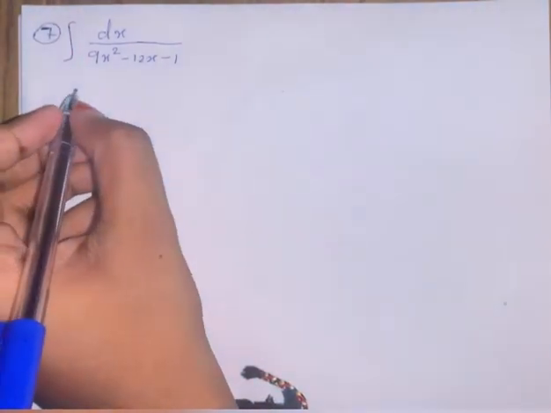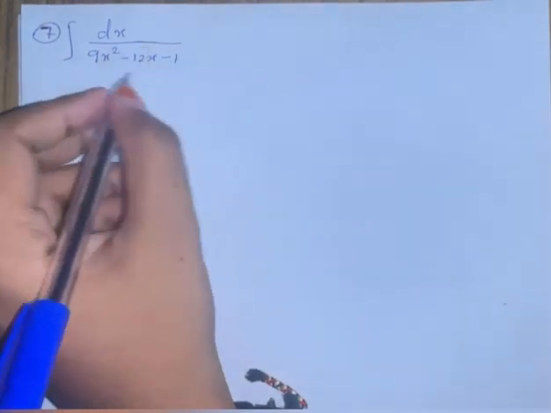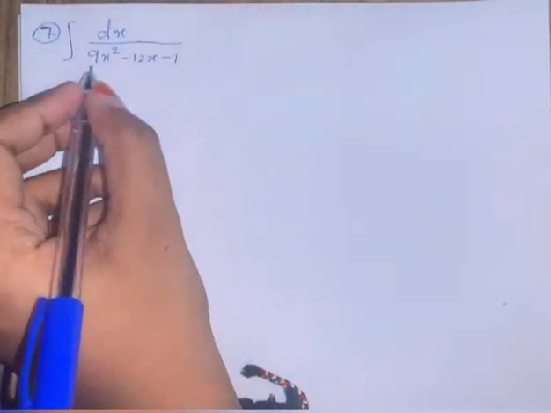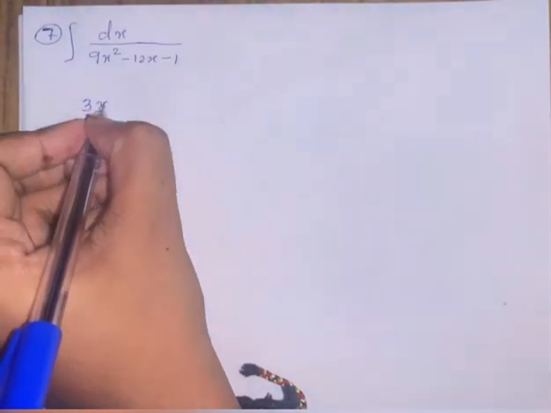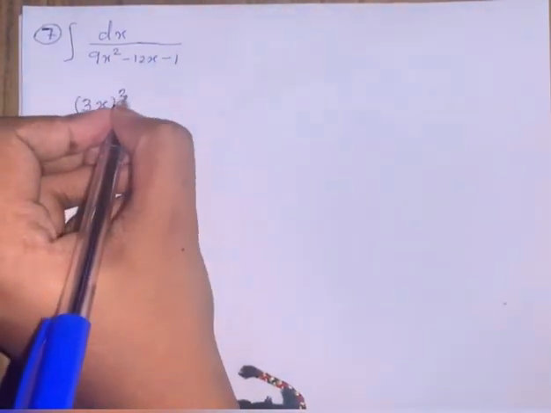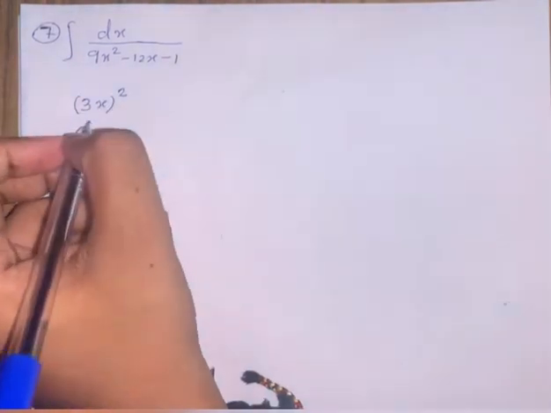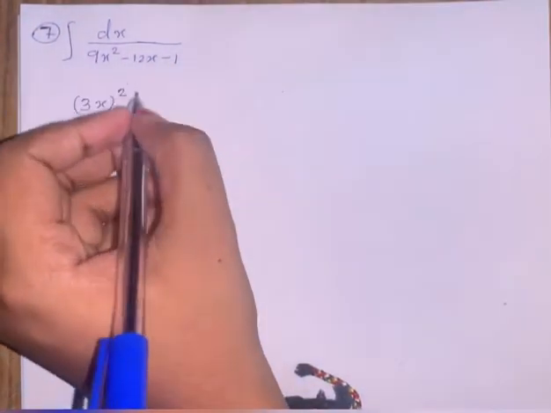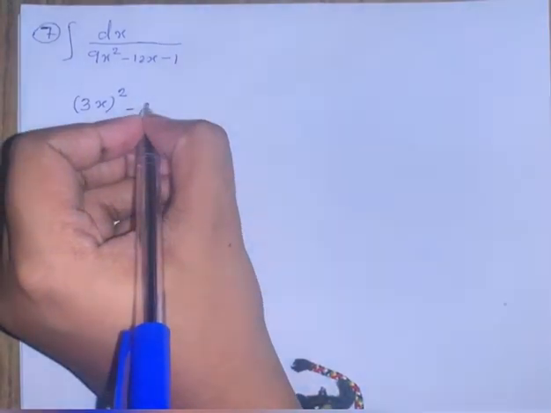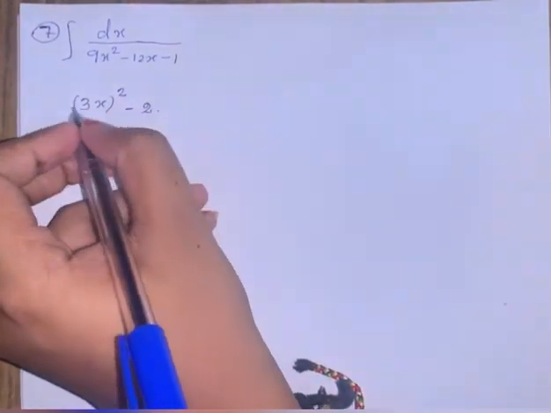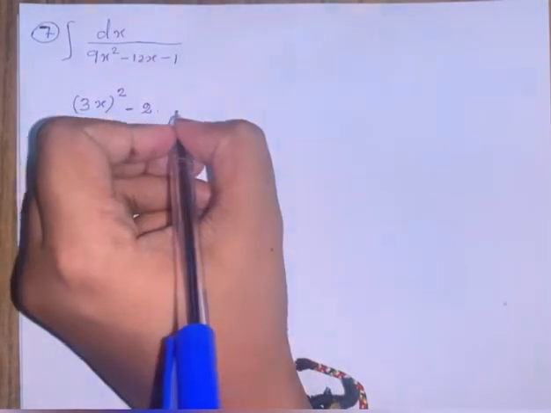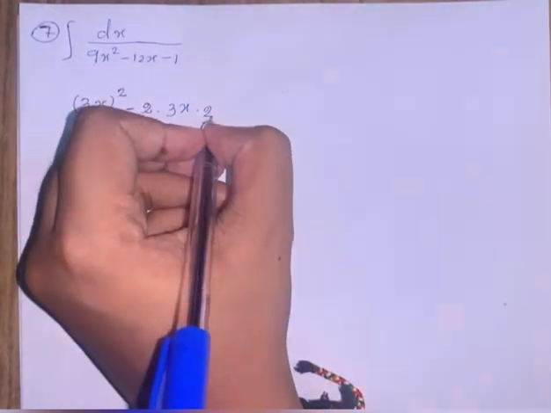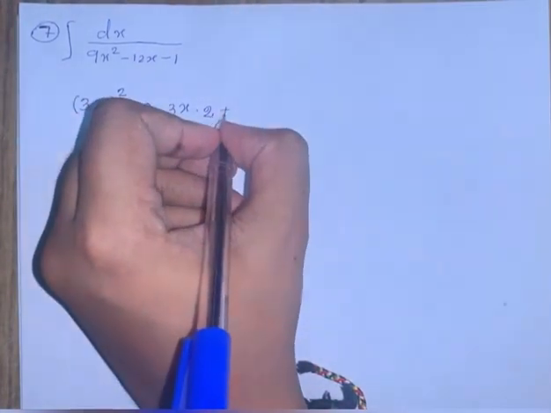So just think the first component is 9x squared, so we can write it as 3x whole thing squared. So it's like a squared minus b squared. So a squared minus 2 into a into b, so a will be 3x and we want minus 12x here, so if we multiply by 2 only we will get that 12.